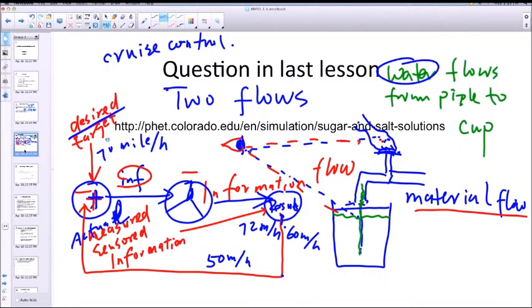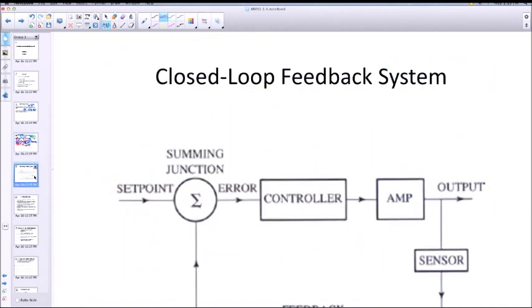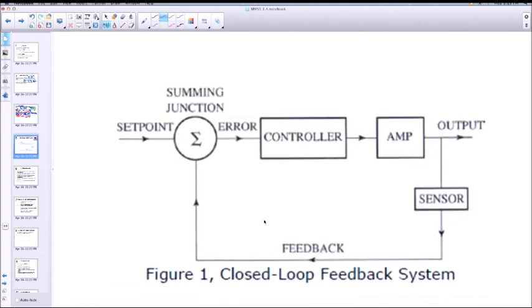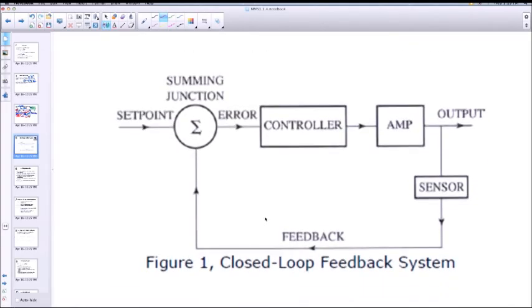The closed loop has both the control loop and the information loop. So here is a slightly more detailed picture in a robotic project. You have sensors to sense the output. Those sensors give feedback to what we call the summing junction.